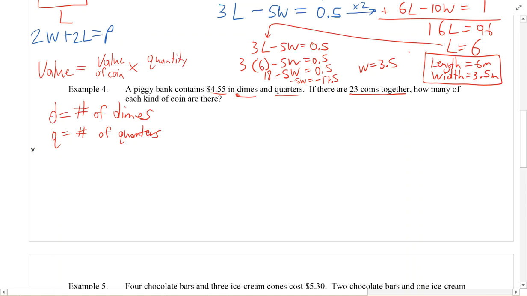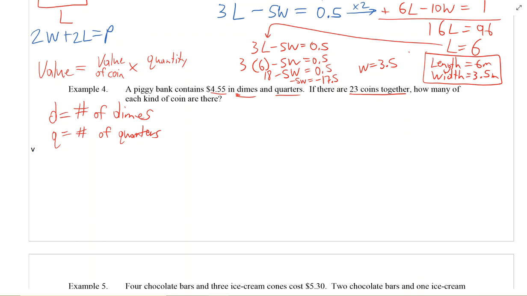Right? So for example, if you have 2 dimes, that'd be 2 times 10 cents. You'd have 20 cents. Do you guys agree with me there? Right? If you have 5 nickels, or sorry, if you have 4 quarters, that'd be 4 times 0.25. So you'd have $1. Took me a second.